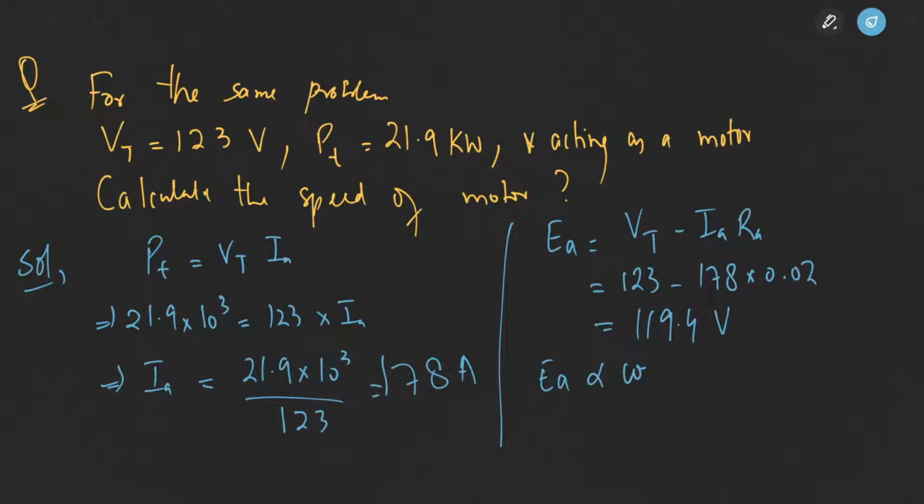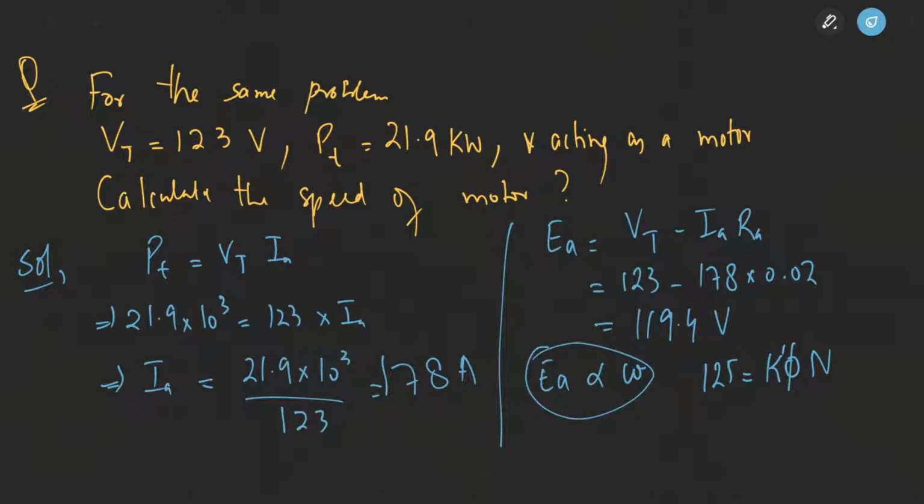Since E is proportional to omega, we can say 125 volts is equal to K dash phi N, because the speed has been given in rpm.